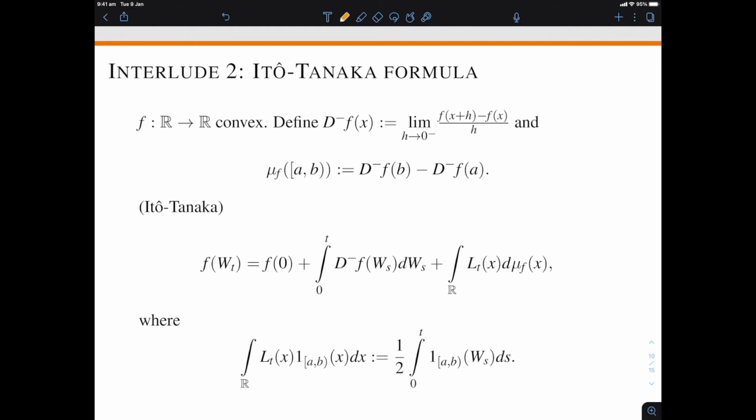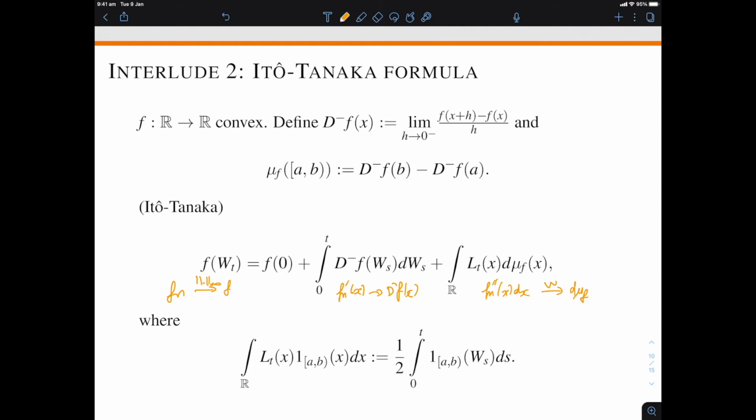Now, unsurprisingly, the way you prove this formula of Tanaka from the standard Ito formula is through approximation. So you take a sequence fn of smooth functions that approximate f uniformly, and you do that in such a way that the fn prime pointwise approximate the left derivative of f, and you do that in such a way that fn second of x dx as a measure converges weakly to d mu f.